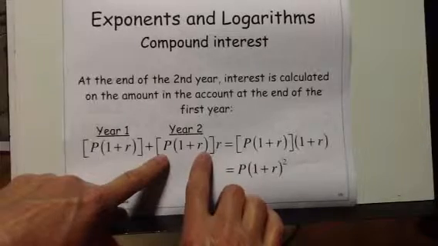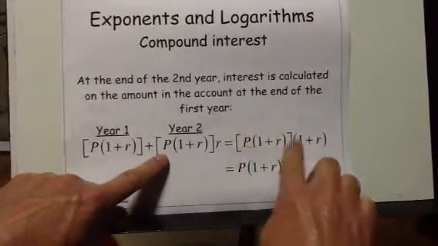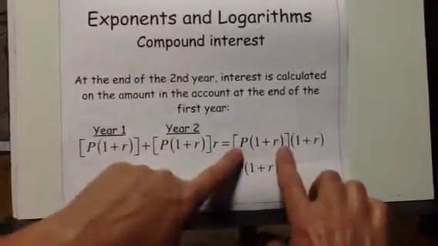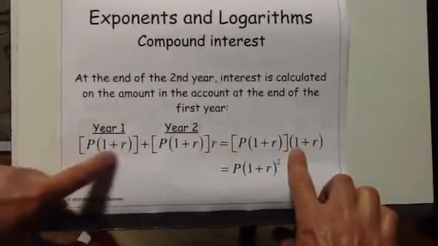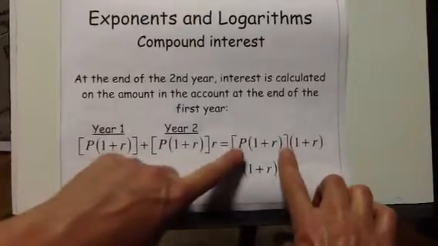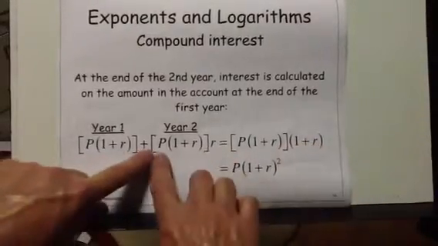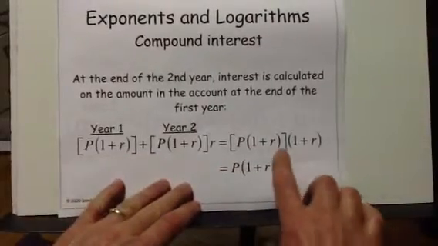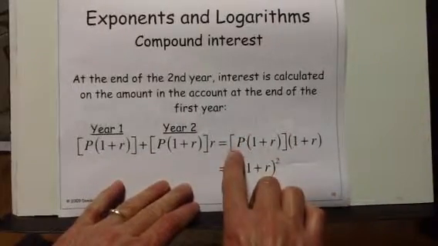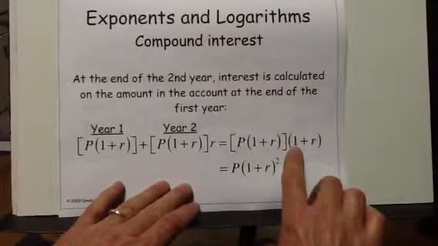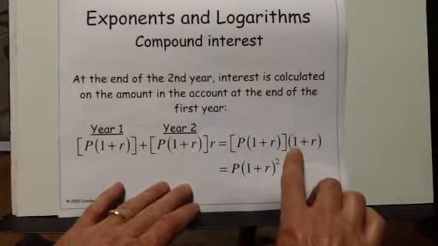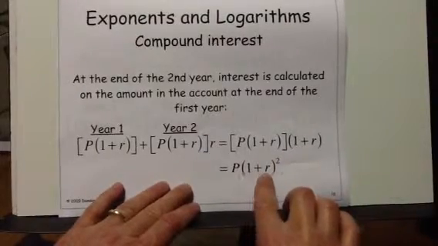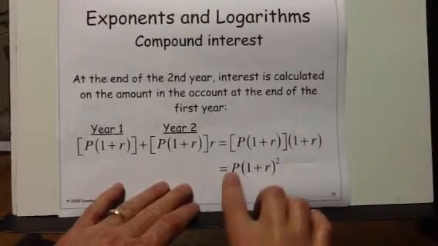So what I'm going to do is factor this chunk of expression out of both of these parts, so that this times 1 gives me that piece right there, and this times R gives me that piece right there. Notice then, because I can drop those big brackets, multiplied, multiplied, it doesn't matter what order you multiply it in, that I have 2 of these 1 plus R expressions. So I'm going to write that as 1 plus R squared times the principal.